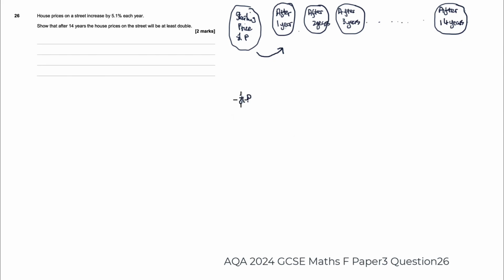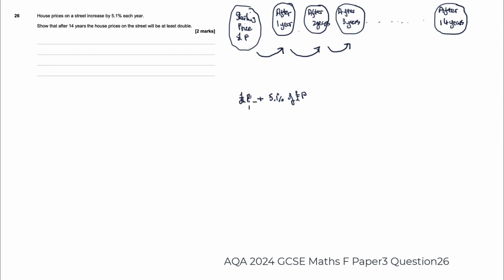We start off with this house price, and then we add 5.1% of that price. So that's the process that's going on to get from there to there. Same process that's going to get from there to there and so on. You're always adding on 5.1%.